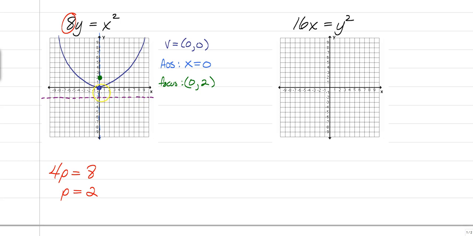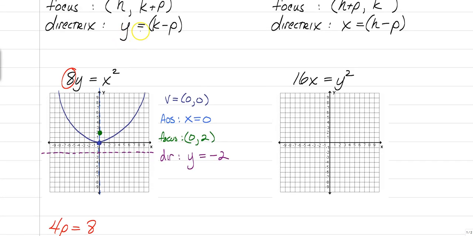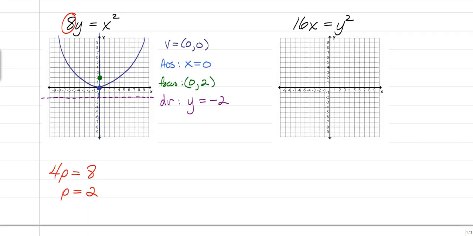So it's the same distance, 2 units away from the vertex on the outside, so it's 2 units below it. So your directrix would be at y equals -2. Or, as I mentioned, y is equal to the k value, which is 0, minus the p value, which is 2. So y is equal to 0 minus 2, so y is equal to -2. So whichever way you want to do it is fine with me, okay?